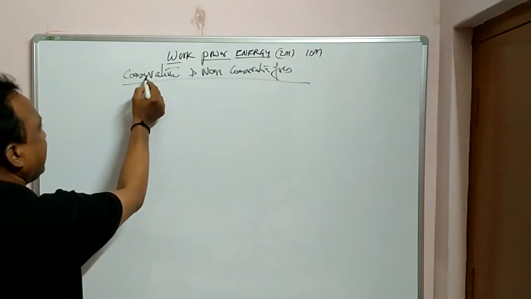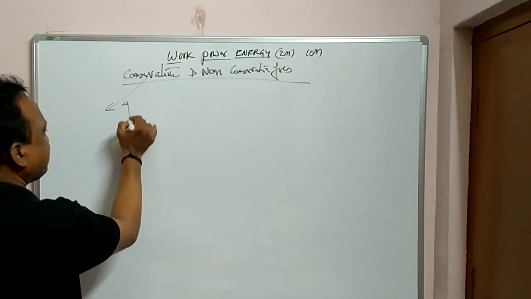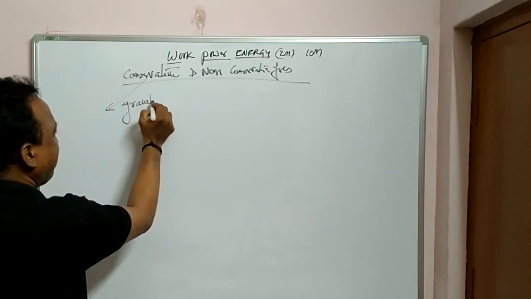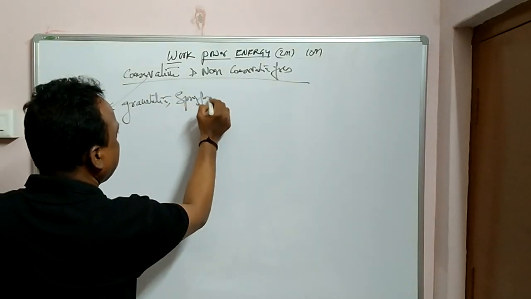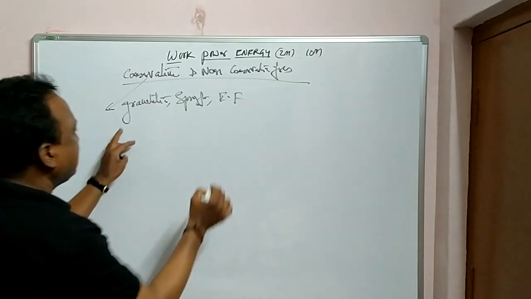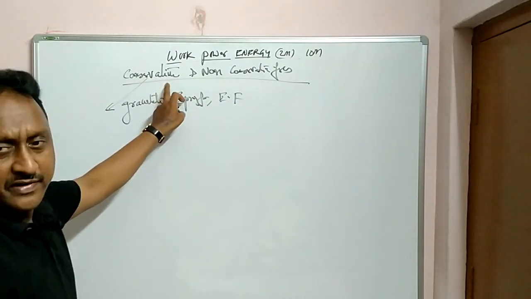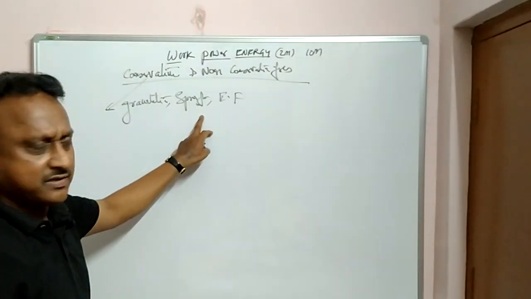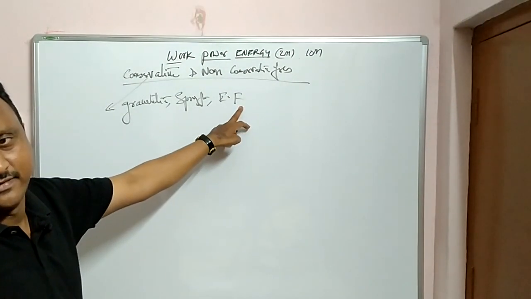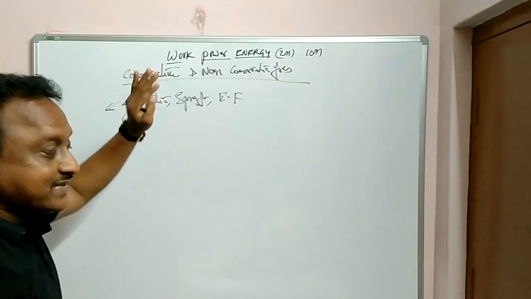See, generally, conservative forces, the best examples are gravitational force, spring force, electrostatic force. These are the best examples for conservative forces. Gravitational force, spring force, electrostatic force, which we will study in second year. Okay, electrostatics. Now, what is conservative?